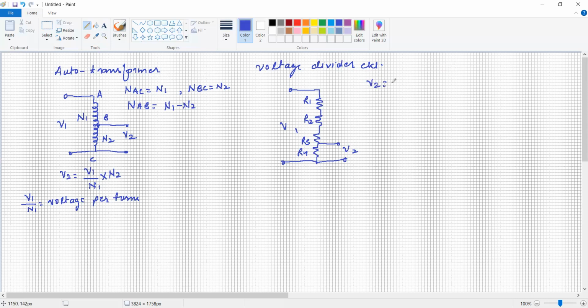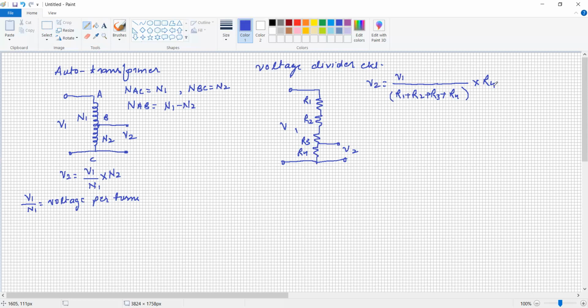V2 is equal to the voltage impressed divided by the total resistance R1 plus R2 plus R3 plus R4, multiplied by R. So this is the voltage we are getting with the help of the voltage divider circuit. Are these two circuits similar?